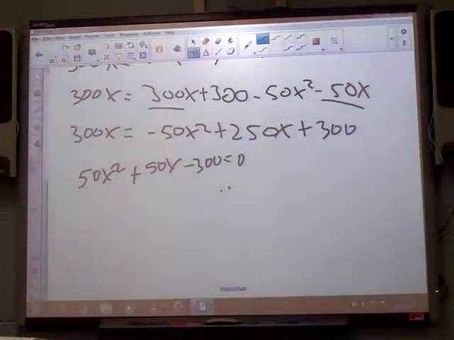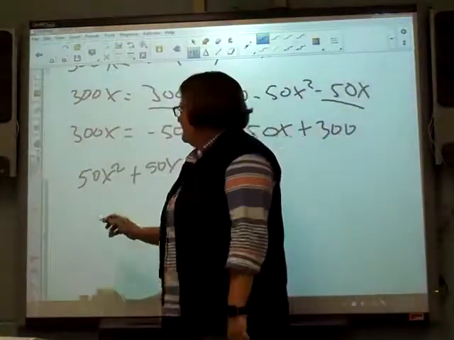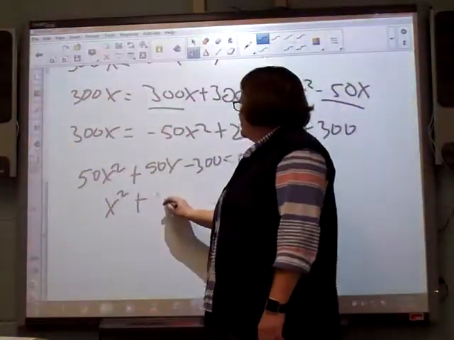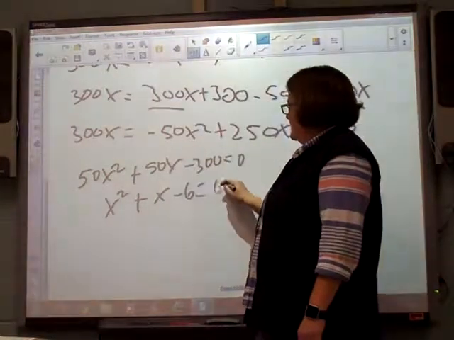You've got options right here. Because we're trying to solve for x, you could solve that quadratic. Use the quadratic formula. Your a is 50, your b is 50, your c is negative 300. Or factor that by doing a times c. Easier thing to do, they've all got a 50 in common. Reduce that. Divide them all by 50 to get some manageable numbers. That's x squared plus x minus 6.